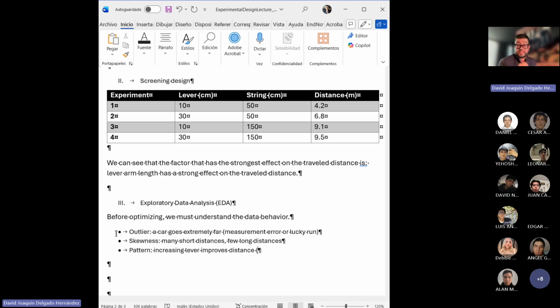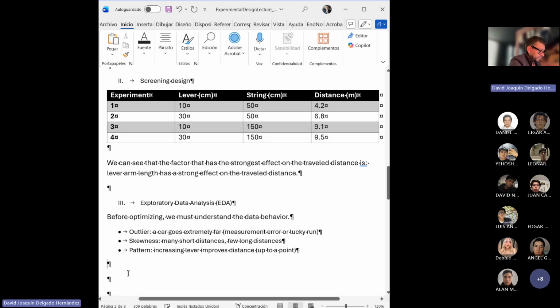You can see that if you increase the length of the lever arm, the distance also increases, okay? But up to a point. I mean, this is not to infinity and beyond. No, there is a limit. You increase the lever arm and the distance improves, but there is some point where you are going to increase this lever arm and the distance is not going to improve anymore. Okay?